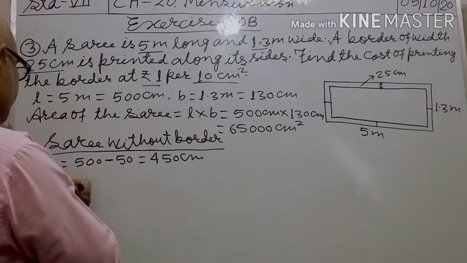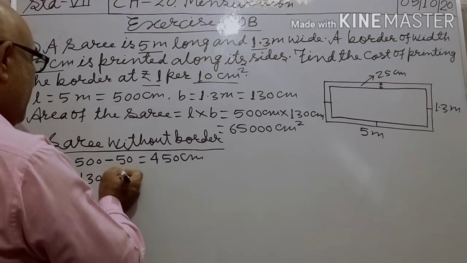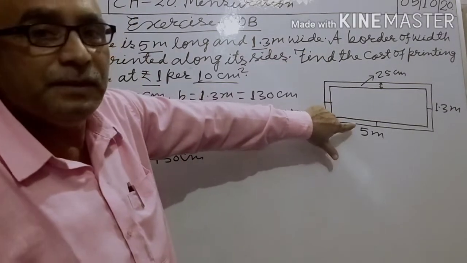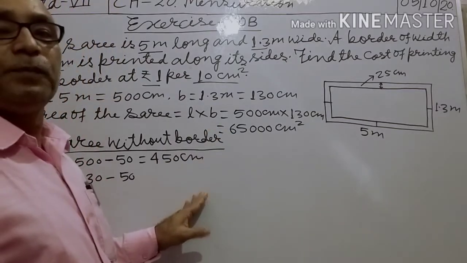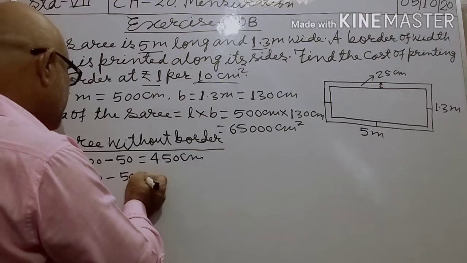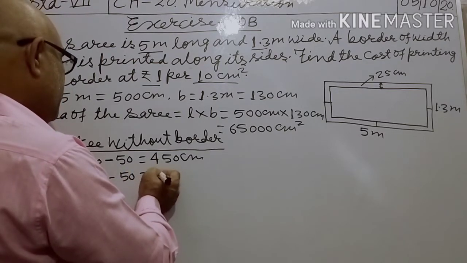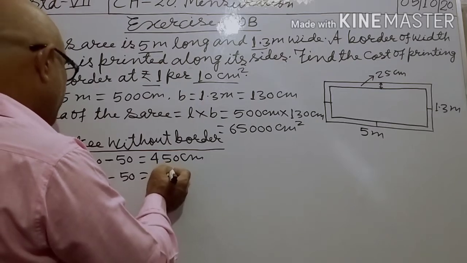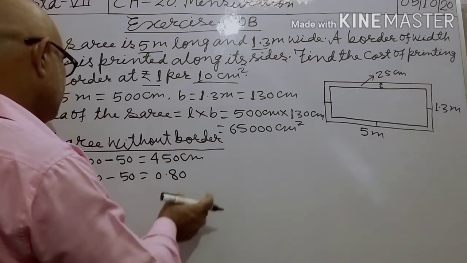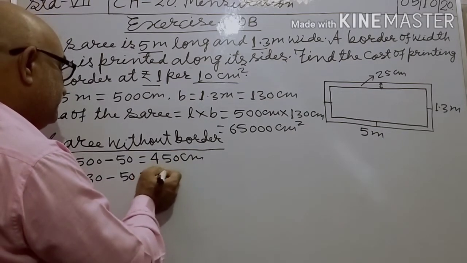Breadth is 130 cm minus 50 cm, 25 cm this side and 25 cm this side. So 130 cm minus 50 cm equal to 80 cm.